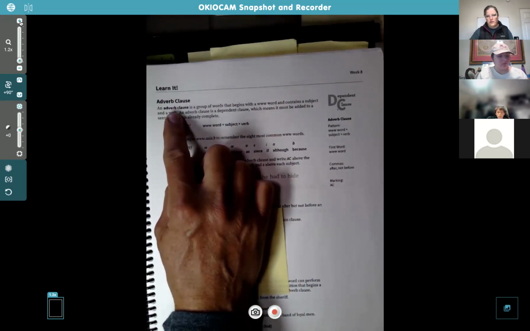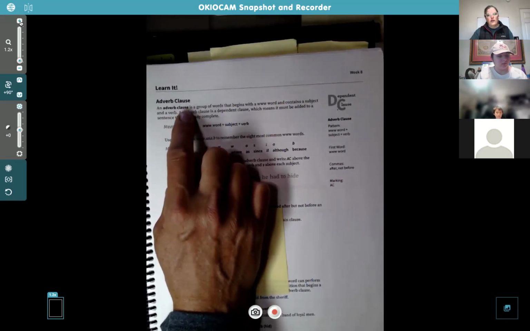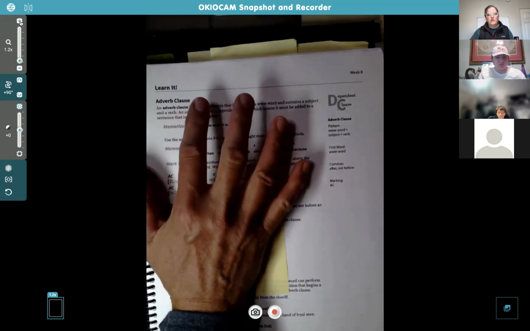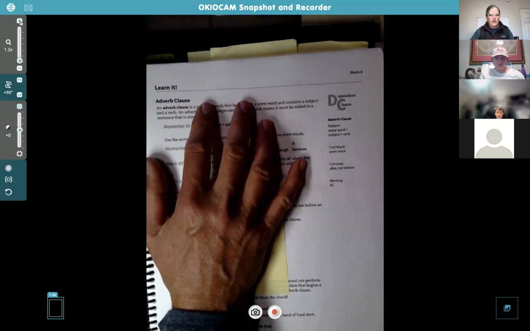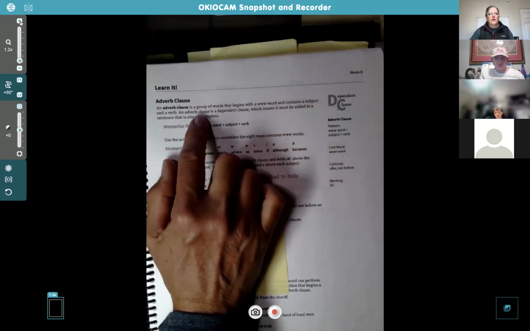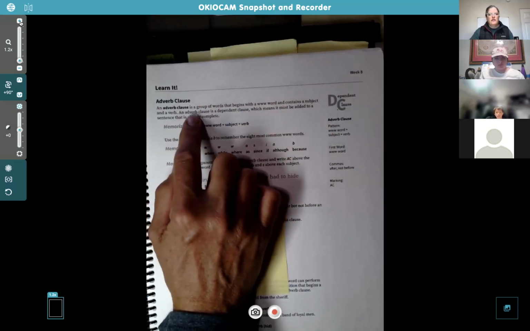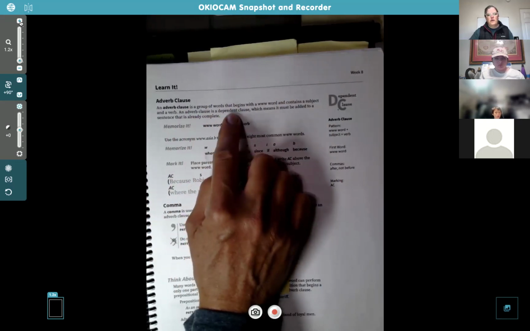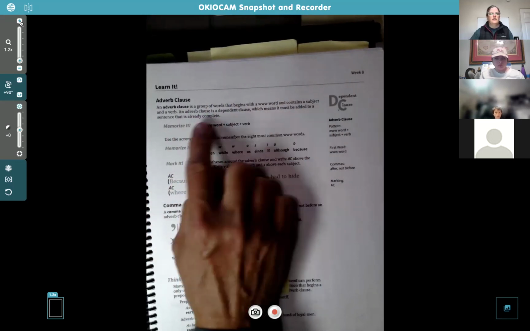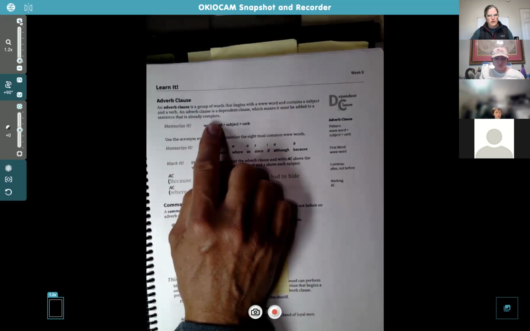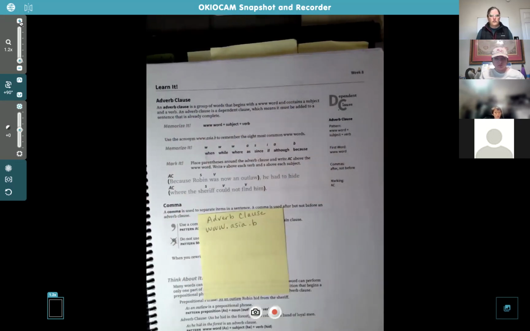There's a whole bunch of them. And they all have verbs inside the clause. So that's something to remember. The phrases do not, though. Okay, that's the difference. It says an adverb clause is a dependent clause, which means it must be added to a sentence that is already complete. So it's basically adding information to it.